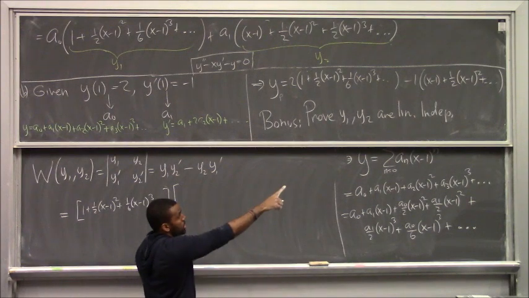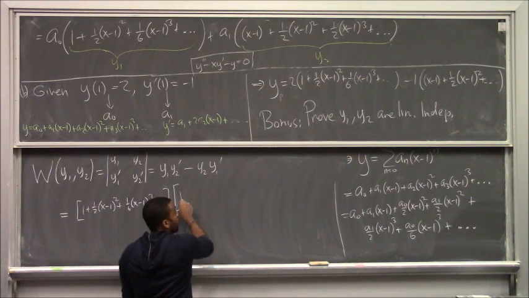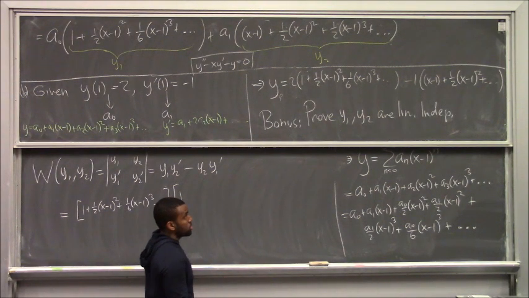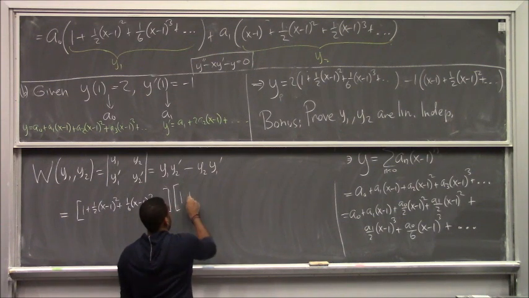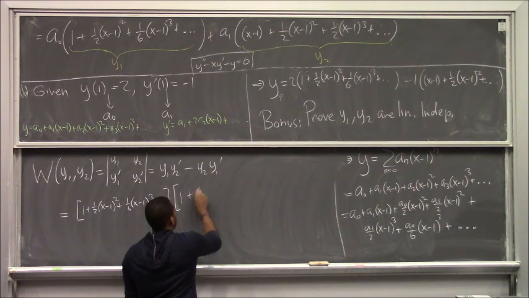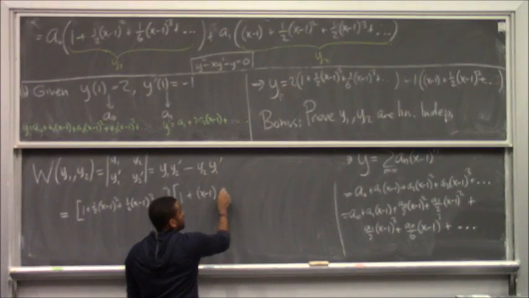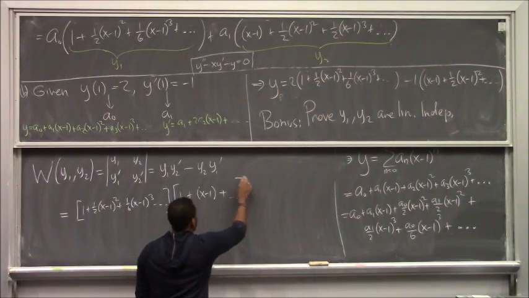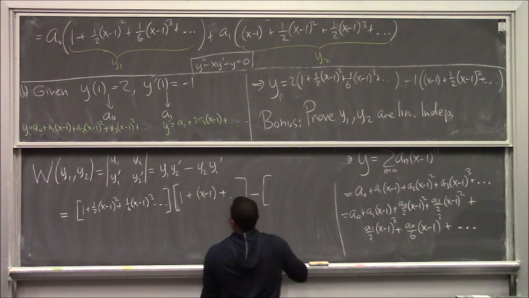I'm going to be differentiating that. So it's going to be 1 plus x minus 1 plus 1 half x minus 1 squared plus a bunch of stuff. Actually, you don't need to know that.